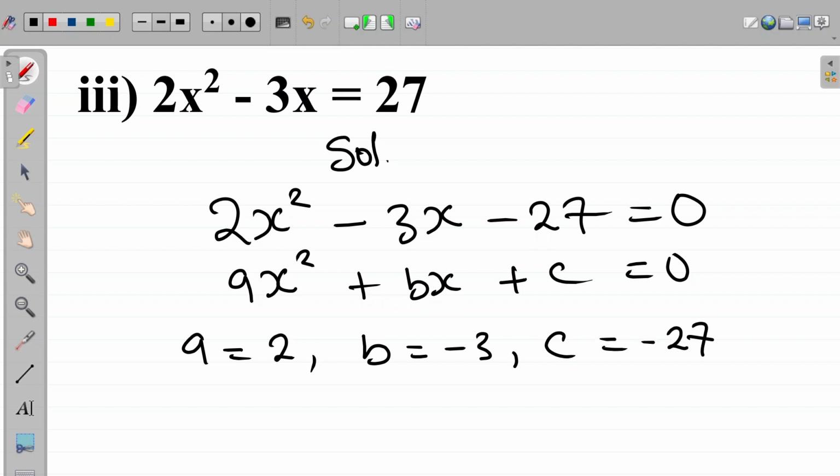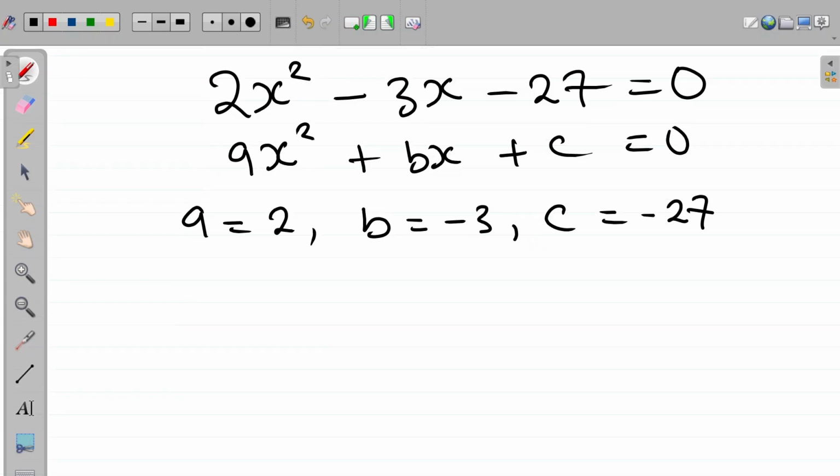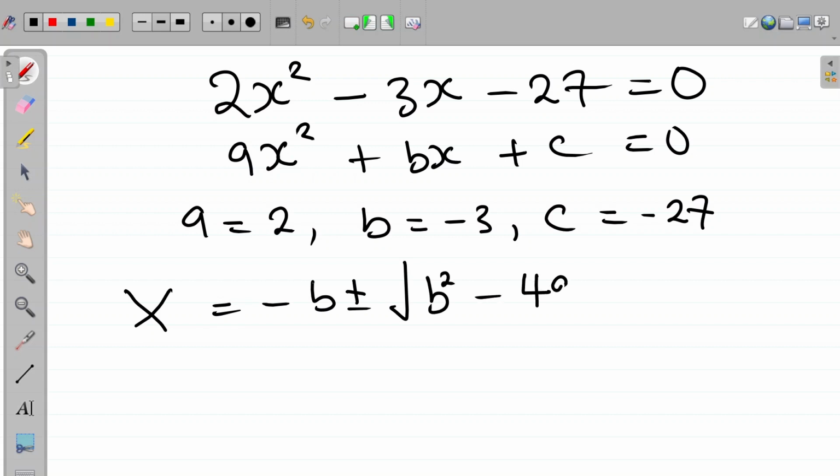minus 27. So from our general formula, we have that x is equal to minus b plus or minus root of b squared minus 4ac divided by 2a. Now we can have this, that b is equal to minus 3.